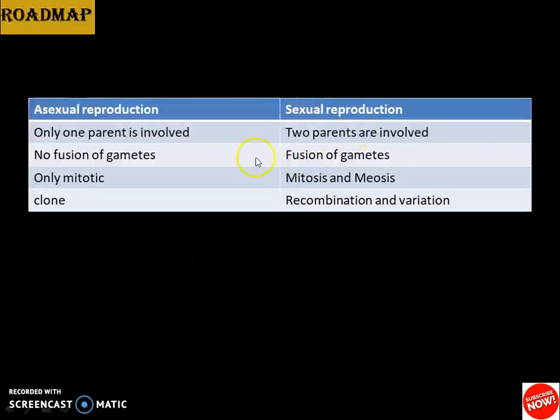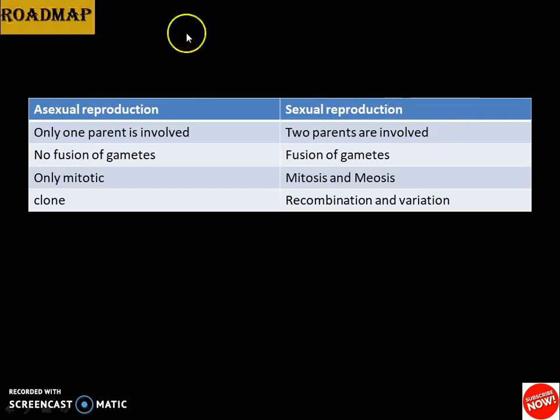So this is the basics of asexual and sexual reproduction. Now, coming to the difference between asexual and sexual reproduction. In asexual reproduction, only one parent is involved. One parent gives rise to daughter cells, and those daughter cells are identical to the parent. In sexual reproduction, two parents are involved. The two parents give rise to daughter cells, and there will be changes depending upon morphological and genetical changes.